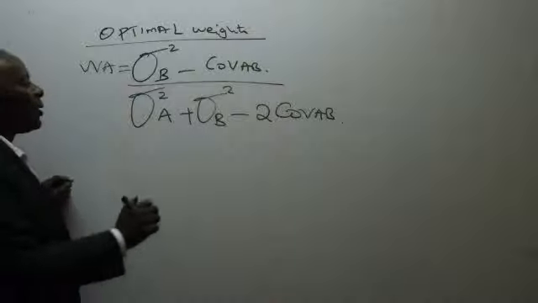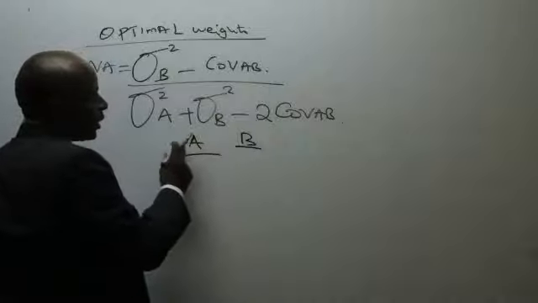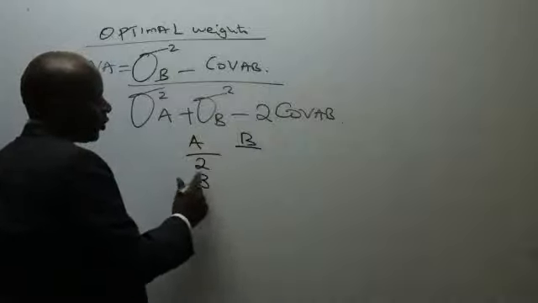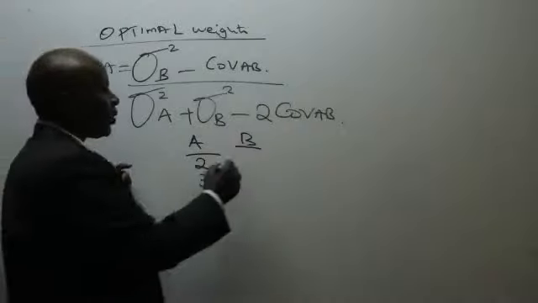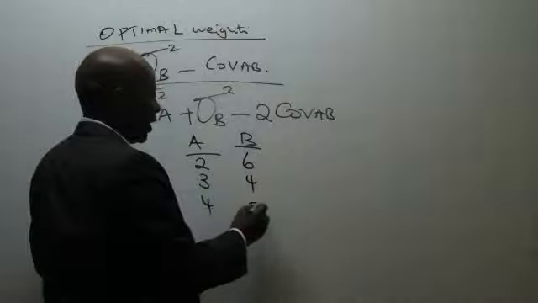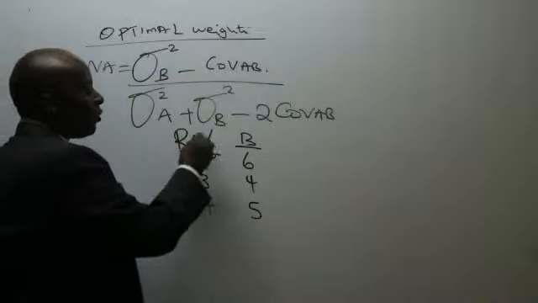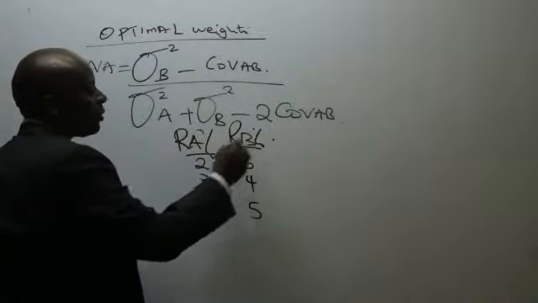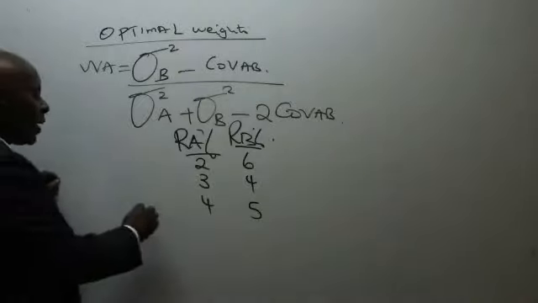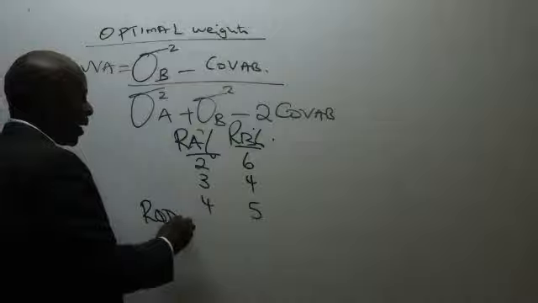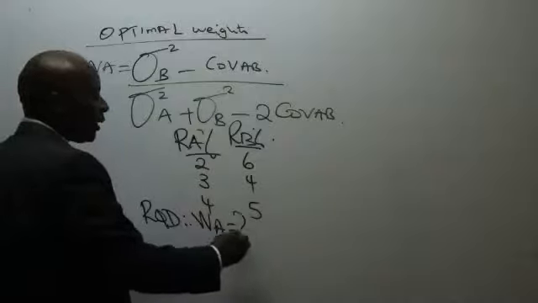Now, what will happen, ladies and gentlemen, is this. You'll go to an exam. You'll be able to get A, which is 2, 3, 2, 3, 4. And then we'll get B, which is 6, 4, 5, like that. These are basically returns of A in form of percentages, returns of B in form of percentages. And then they'll ask you, in the portfolio, what percentage should A take?